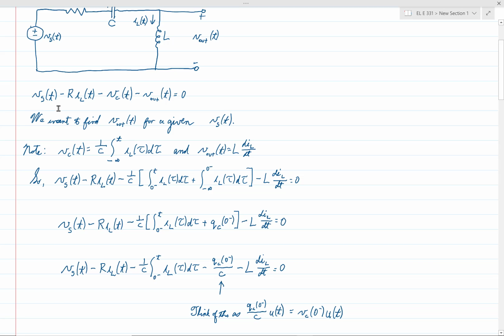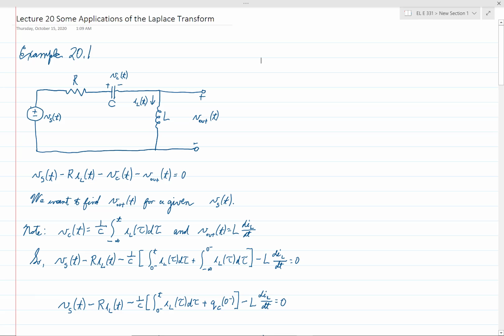Okay, so our circuit equation, going around the loop here, is Vs of t minus R IL of t minus Vc of t minus V out, and now we're back to where we started, so that's equal to 0. That's just Kirchhoff's voltage law.